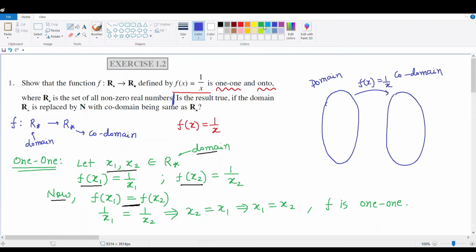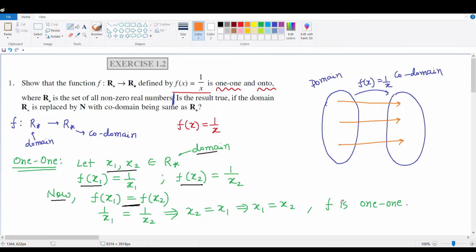So what does 1-1 mean? Exactly one value is connected to exactly one value. If one element here is connected to only one value here, and the other way around, only one value here is connected to only one value here, that way we can say the function is 1-1.